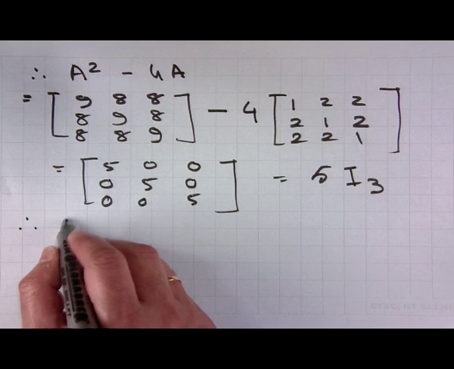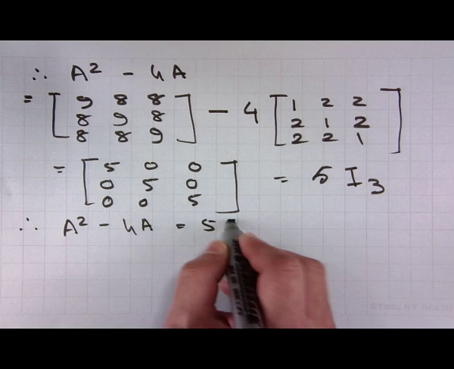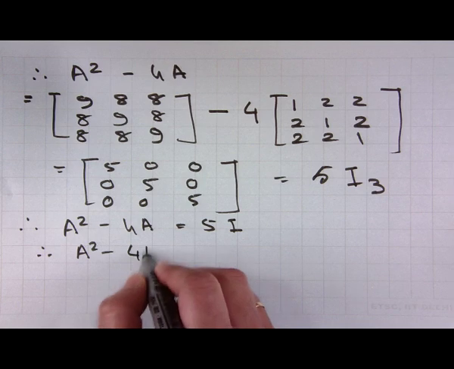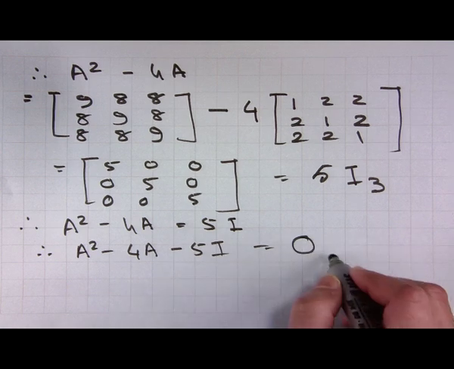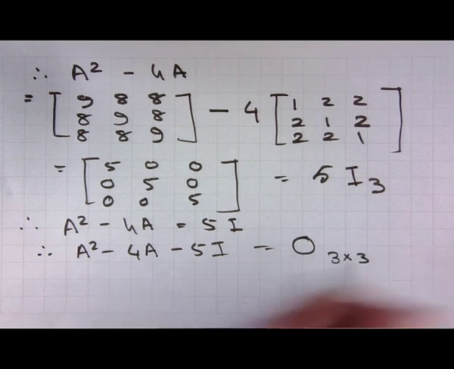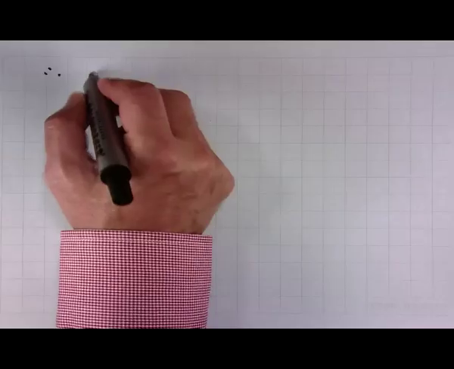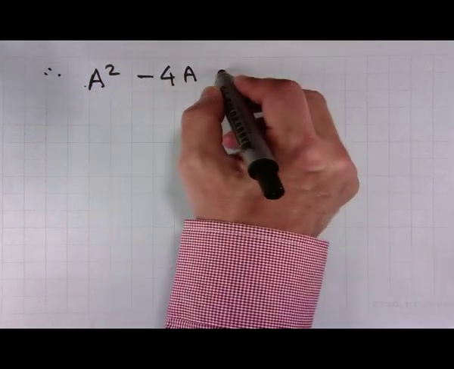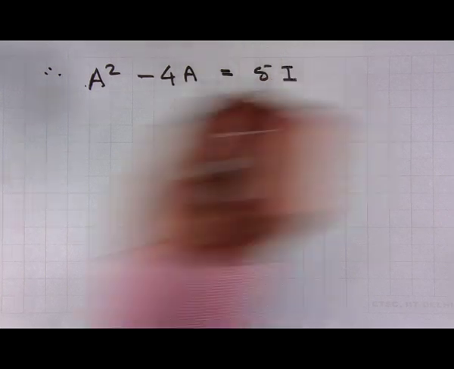Therefore, A square minus 4A is equal to 5I. Therefore, A square minus 4A minus 5I is equal to 0 matrix of order 3 cross 3.